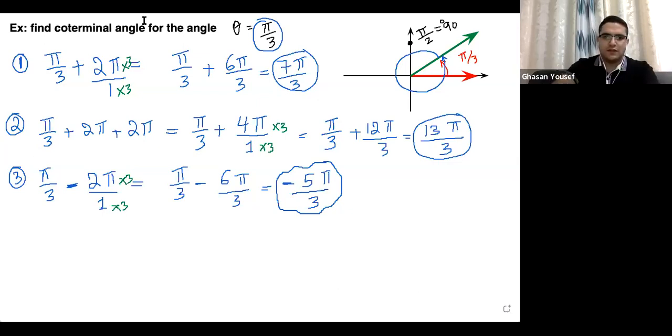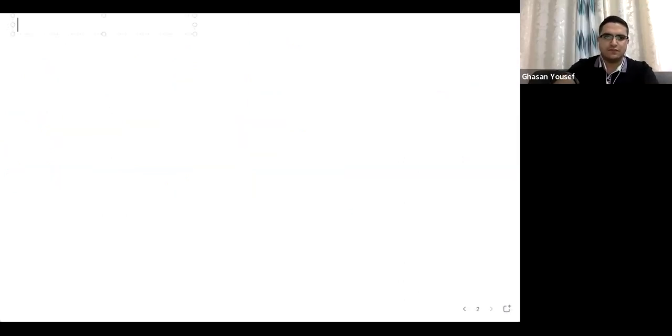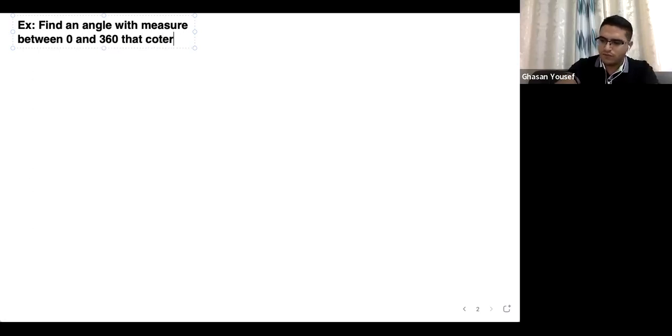So the question is: find an angle with measure between 0 and 360 that is coterminal with the angle of measure 1290 in standard position.